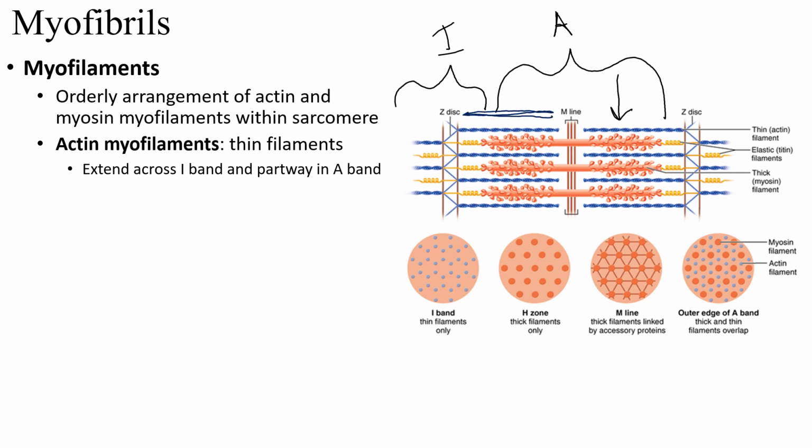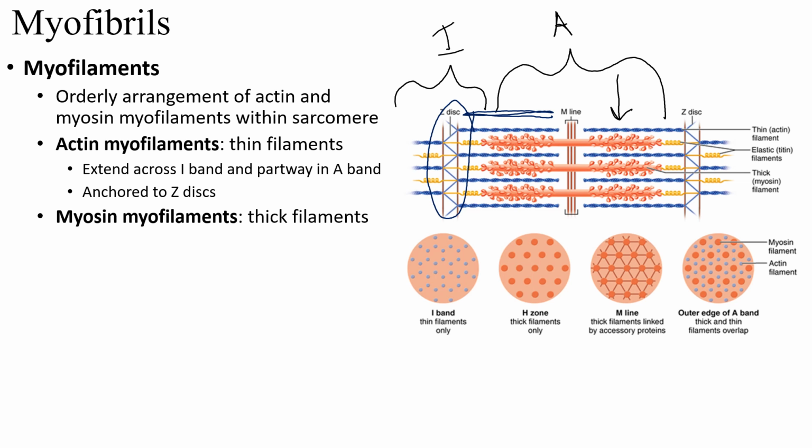So it occupies part of the I band and part way of the A band. These blue are going to be anchored to the actual Z disc, and they are then going to interact with the next type of myofilament, which is going to be myosin.